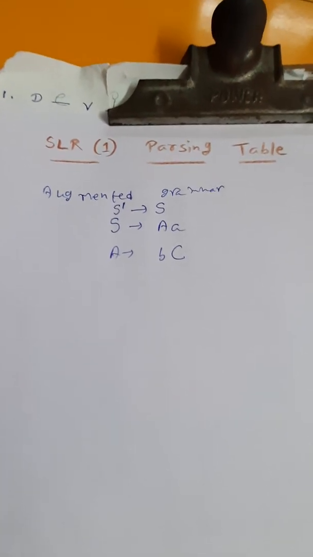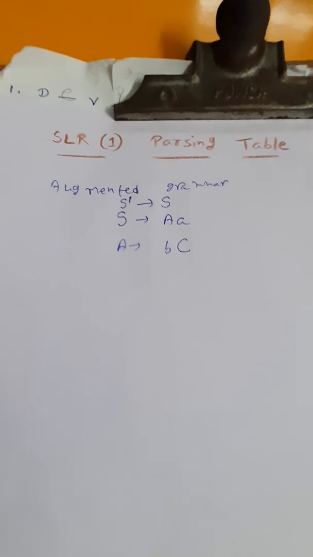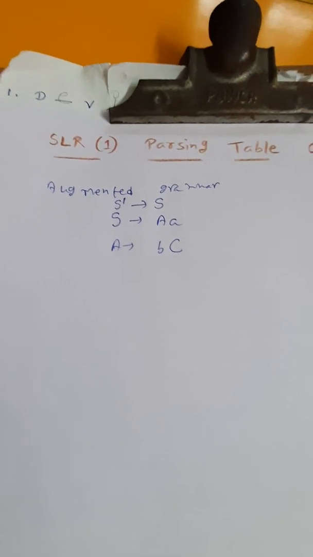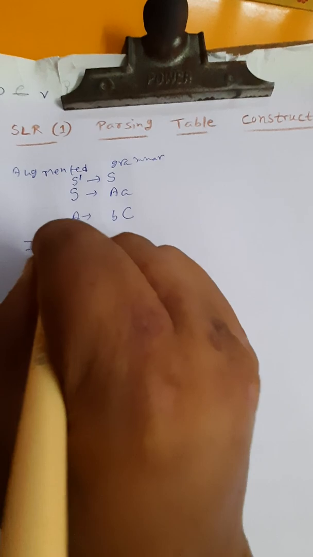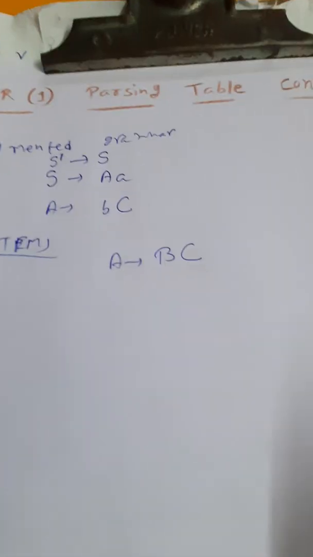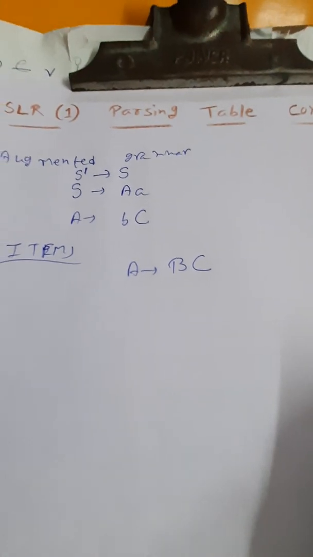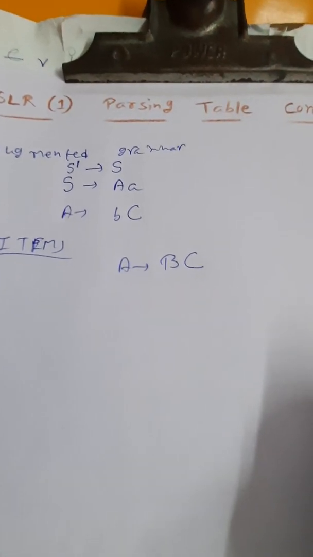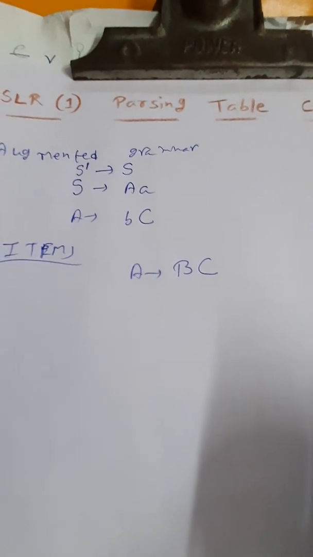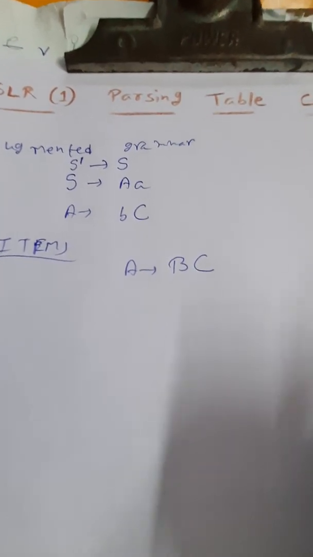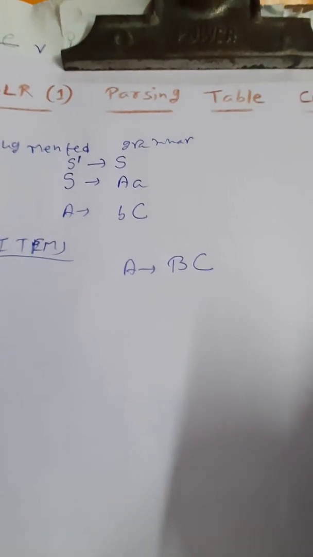The next concept is LR(0) items, or simply known as items. What are items? They are also very simple. Suppose you have a rule like A produces BC. How many items could be generated from this rule? The question is at how many different positions you can add dots.